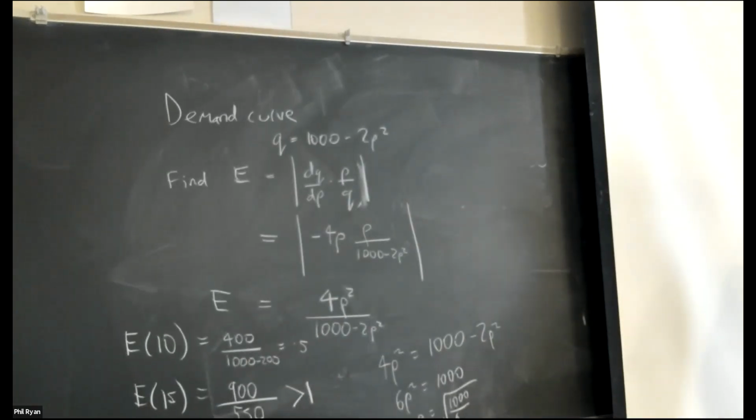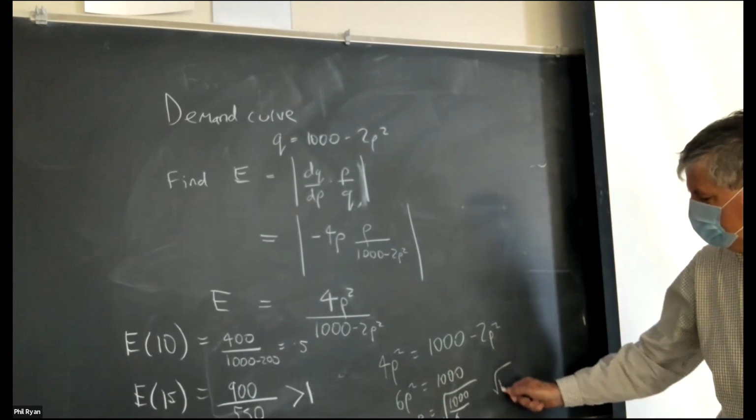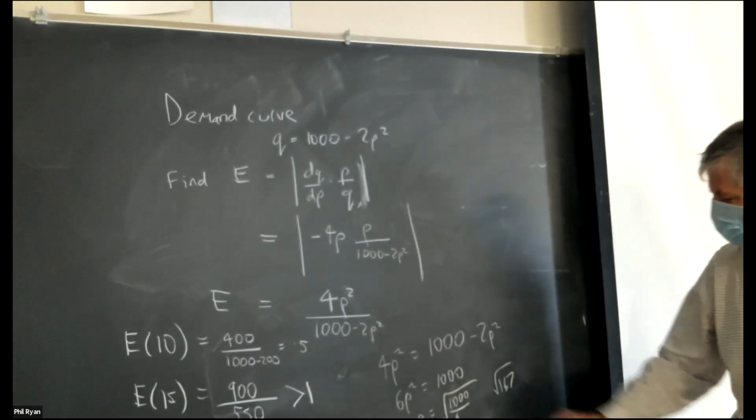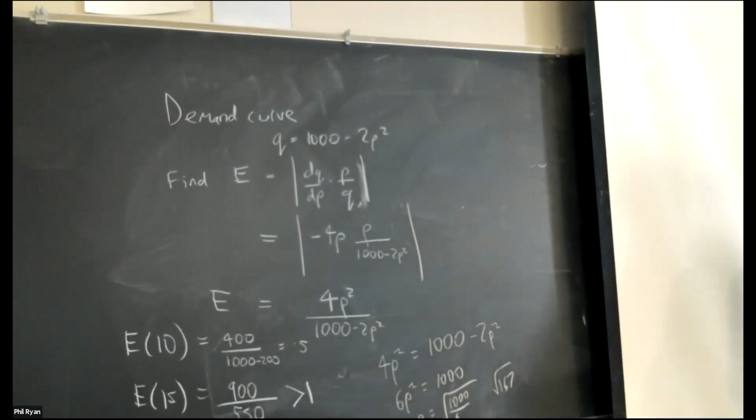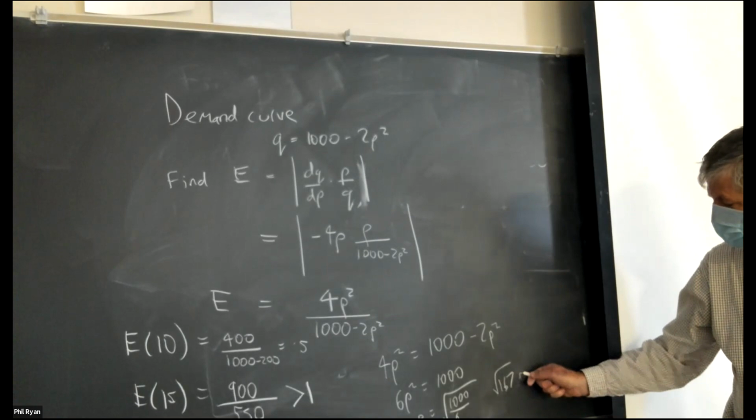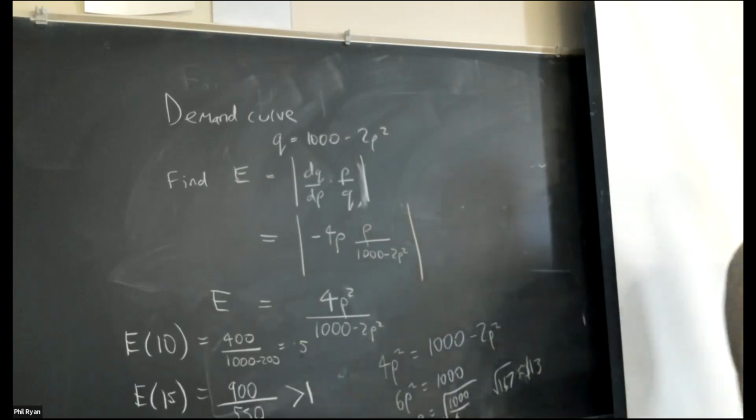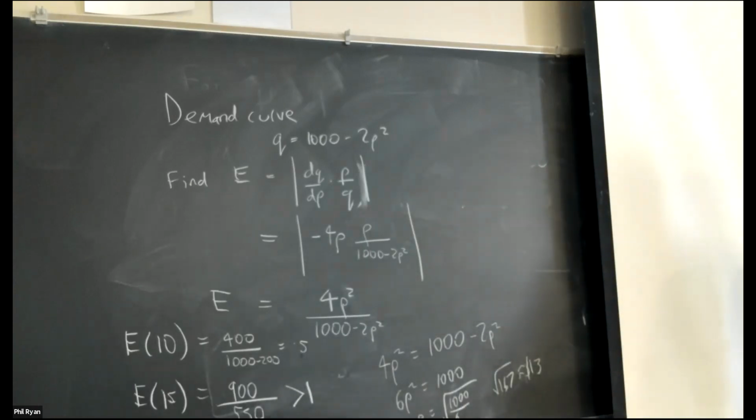So that's 500 divided by 3, which is around the square root of 167, whatever that is. It's around 13. We already knew that, right? Because we knew it was between 10 and 15.